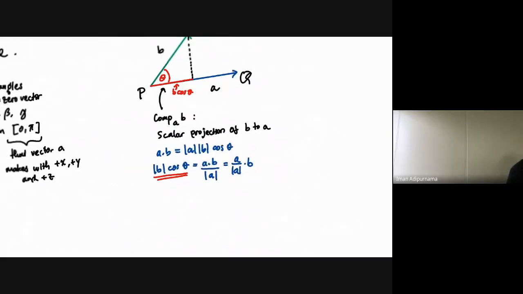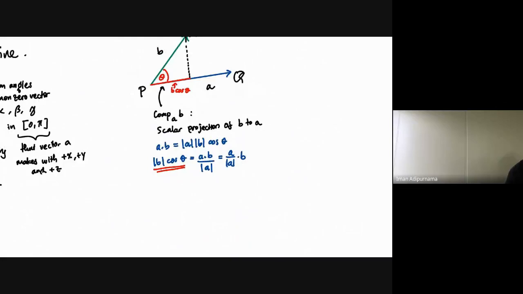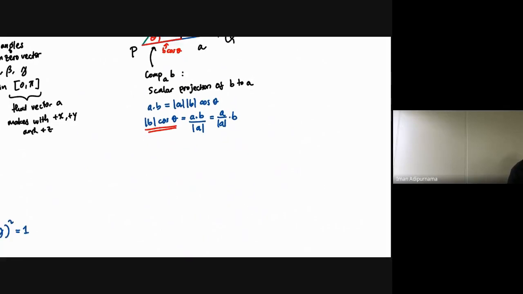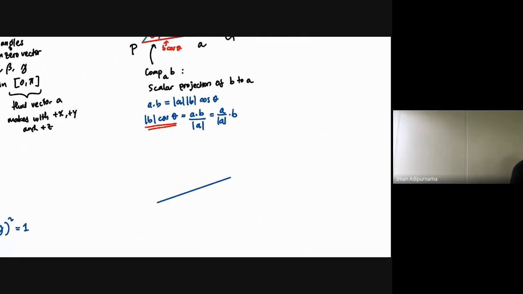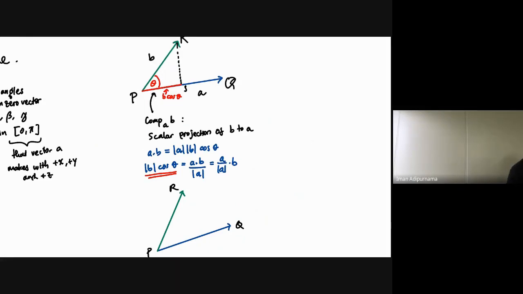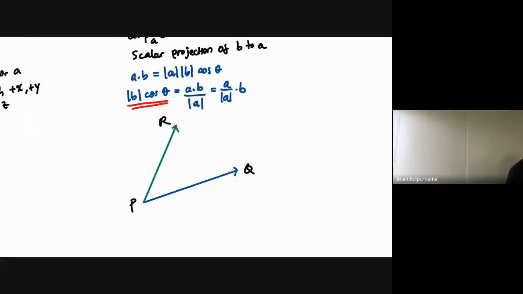The second term is vector projection. It's similar to scalar, but it has a direction. So let's say this is P, Q, R, same. So let's project this.